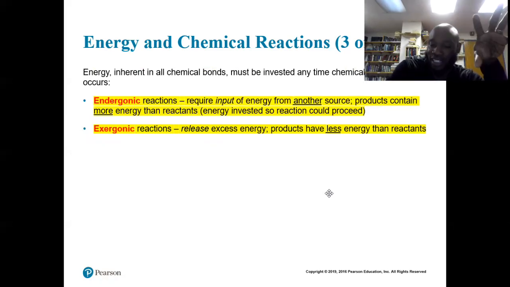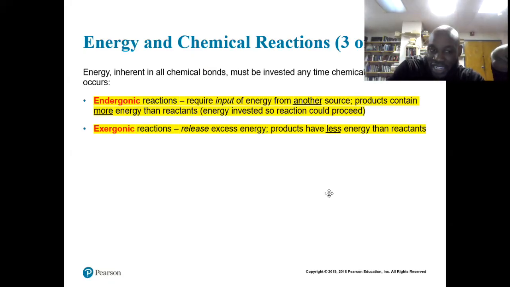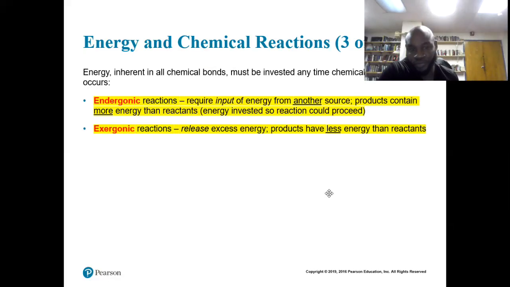So this is a reaction where you need energy to be put into the reaction for that reaction to happen, right? Hydrogen plus oxygen equals H2O is an endergonic reaction. You need energy to be put into that reaction for that to happen. Otherwise, the hydrogen and oxygen will just float around in the air and never make water.